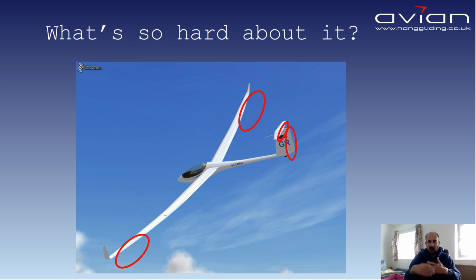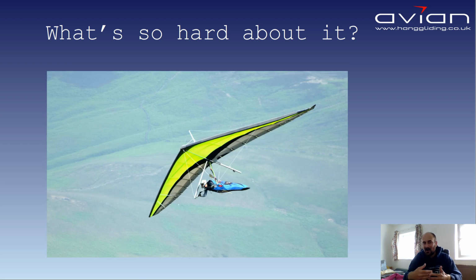Now there are interactions between those things, and obviously there's more optimization to it than that, but that's the fundamentals. Whereas if we look at a hang glider, then you've only got one surface here.